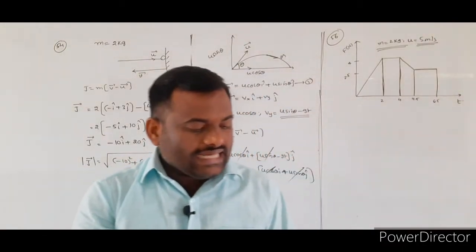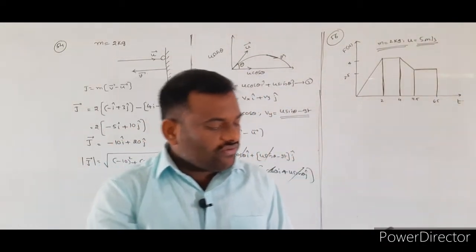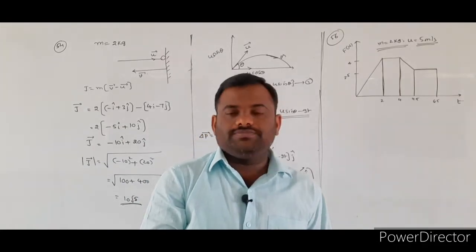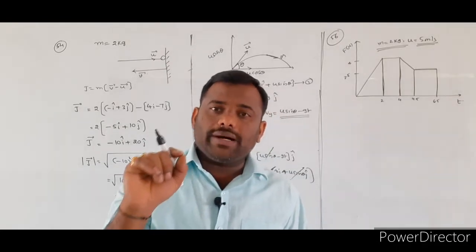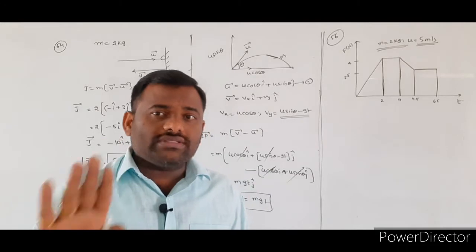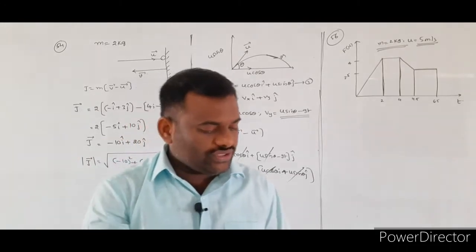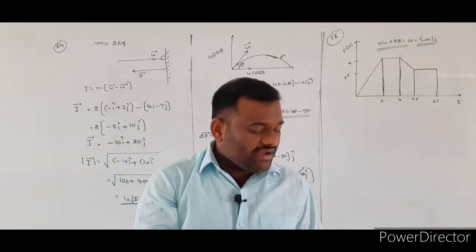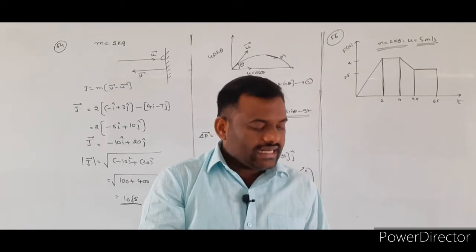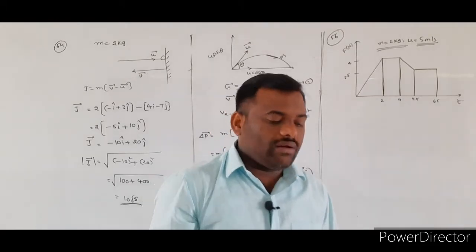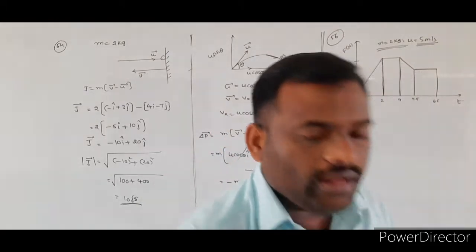A force is acting on it for 4 seconds in the direction of the motion. The force time graph is shown in the figure. They are asking the final speed of the body.